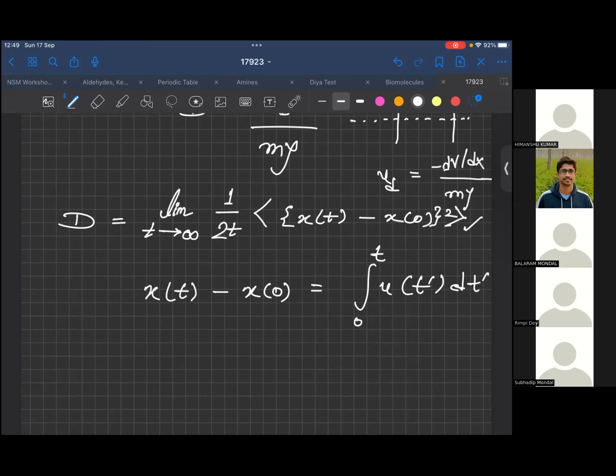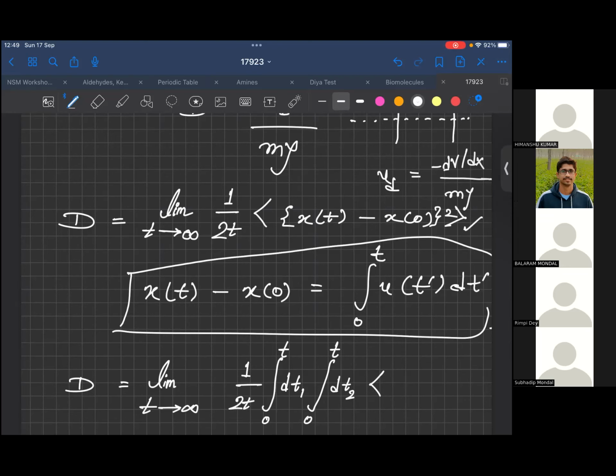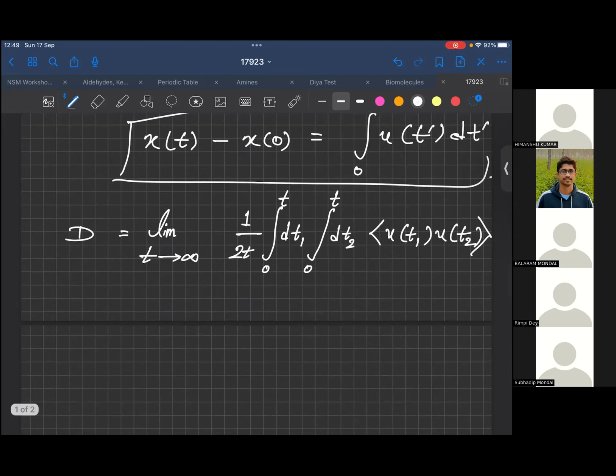Now, if we put this expression in the above diffusion equation, then we can say, now this can further be simplified into.